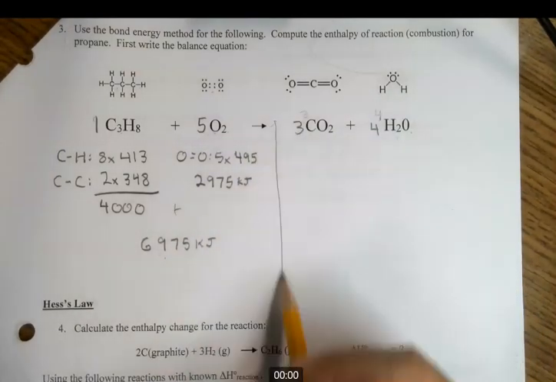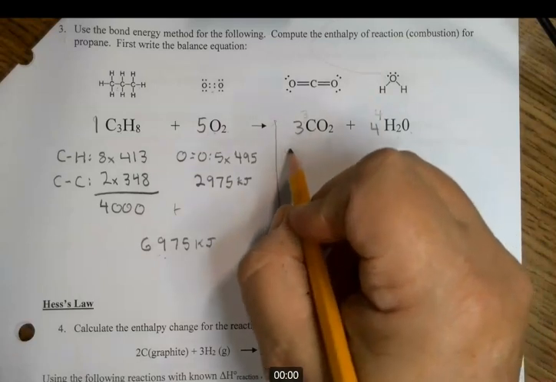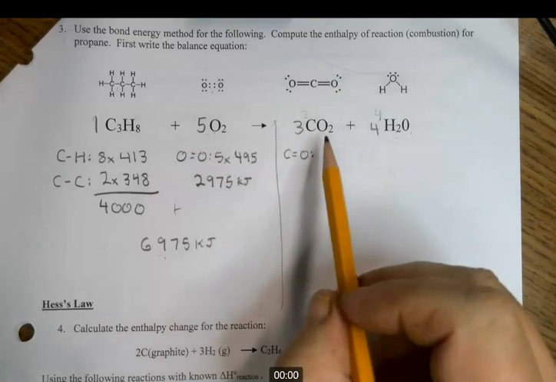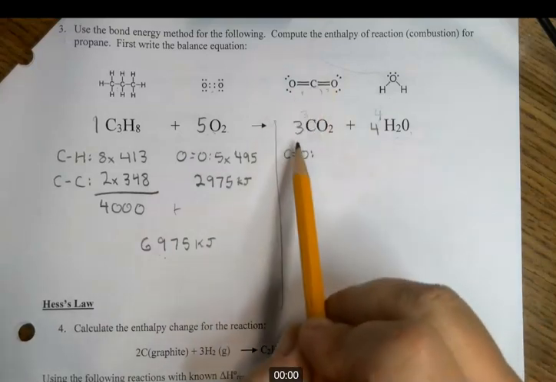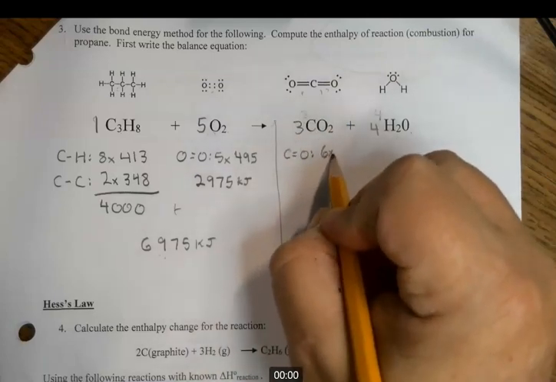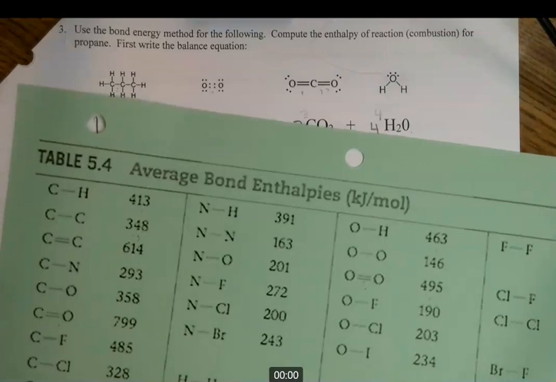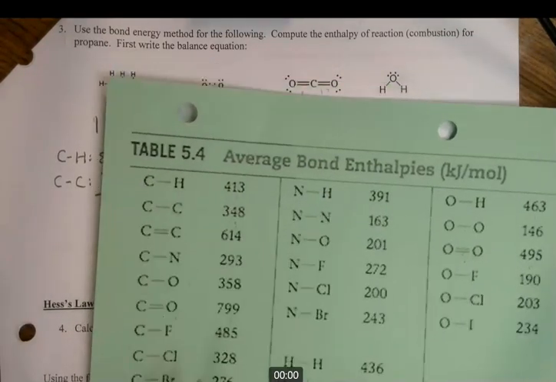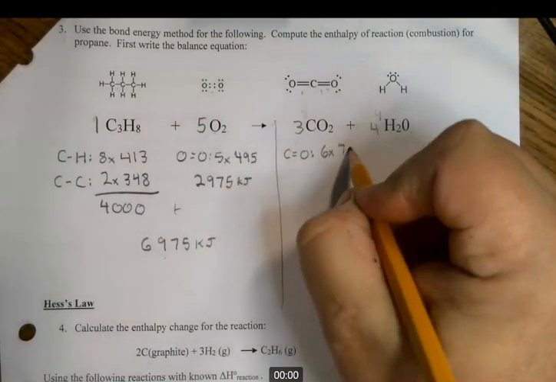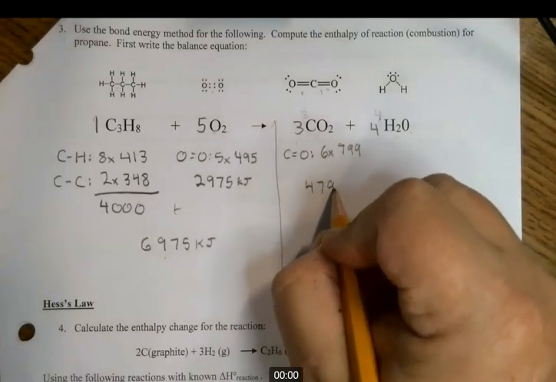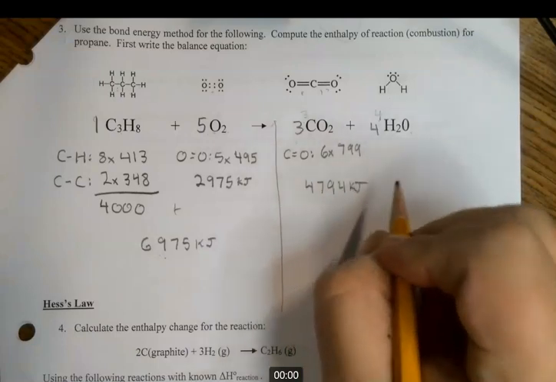All right, now we come over to the other side, draw a line there. And for carbon-oxygen double bonds, there's 2 of them in each molecule, and you have 3 molecules. So 3 times 2 is 6 times the amount of energy required for the bond, it's a double bond, is 799 right here. And it's 4794 kilojoules right there.